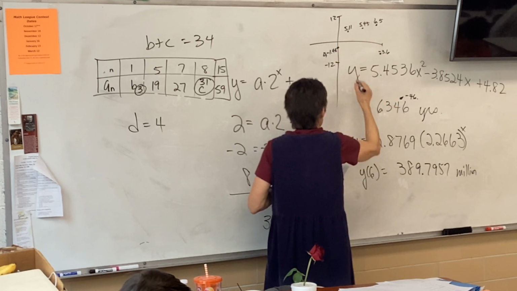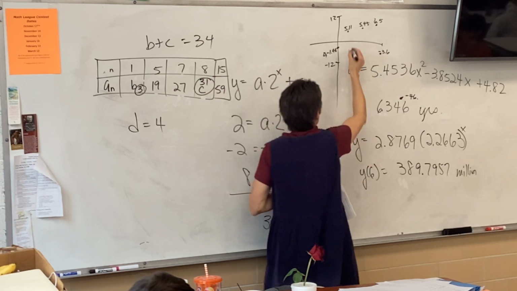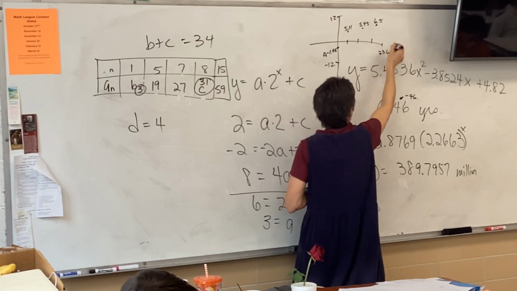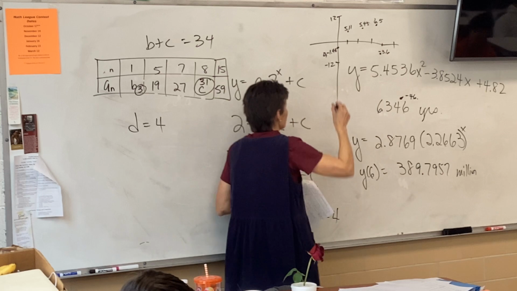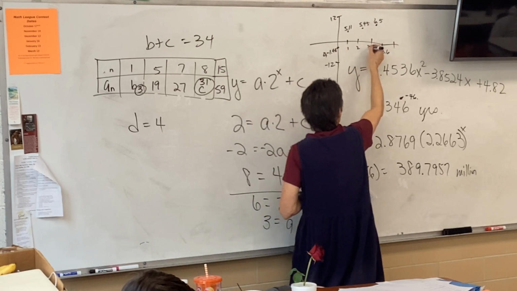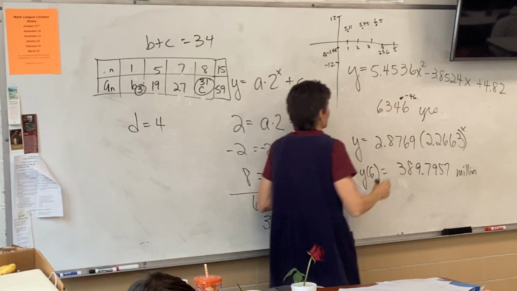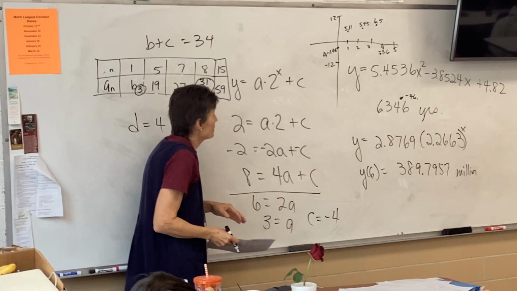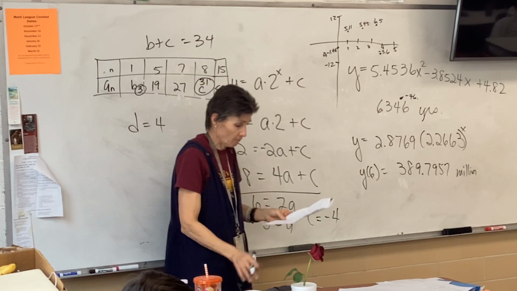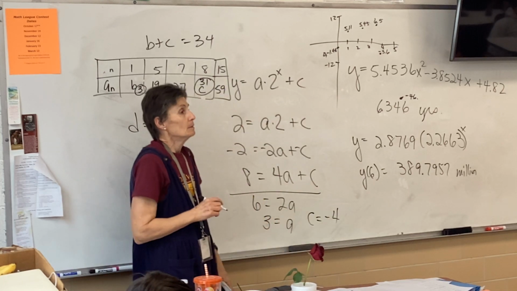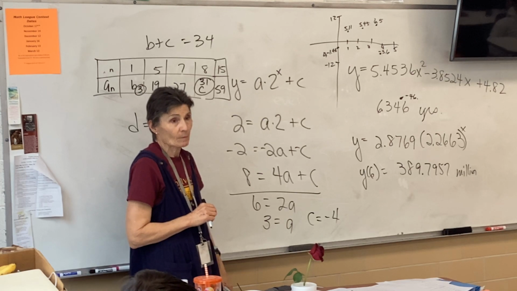And of course, that one was way down there. And of course, this was 1, 2, 3, 4, 5. So that was the residual for the exponential.